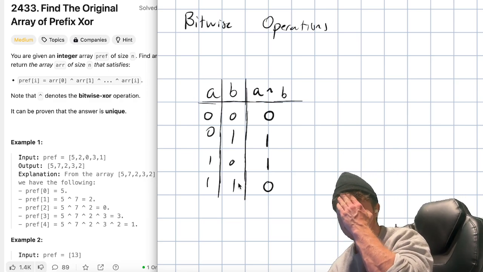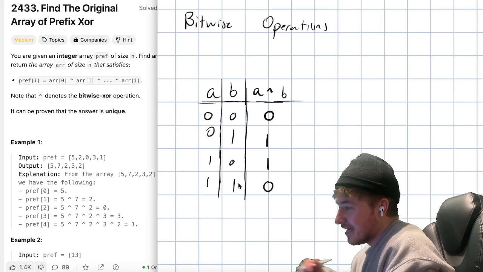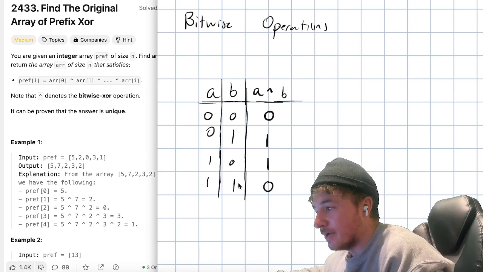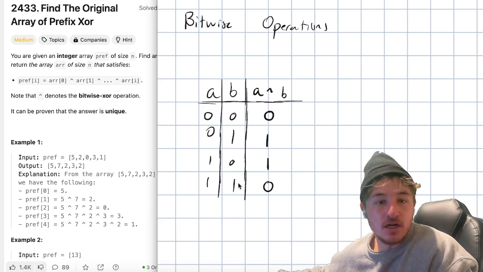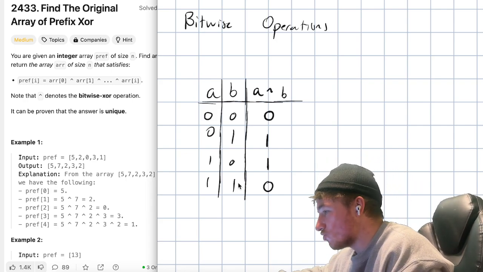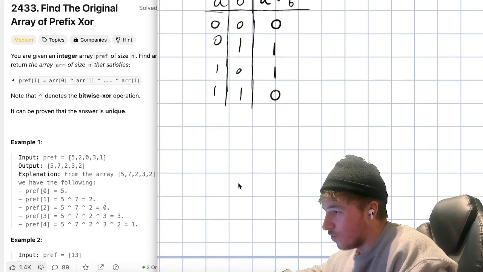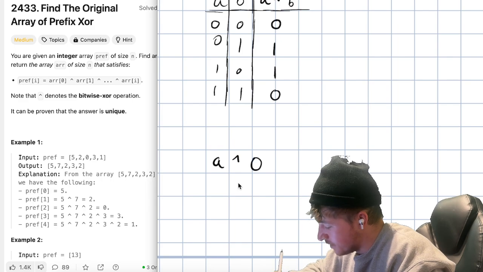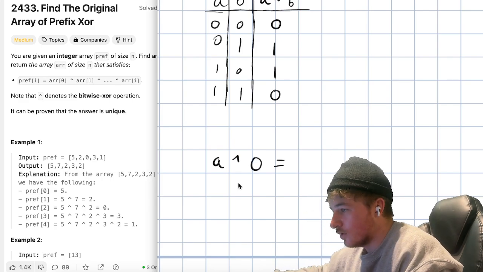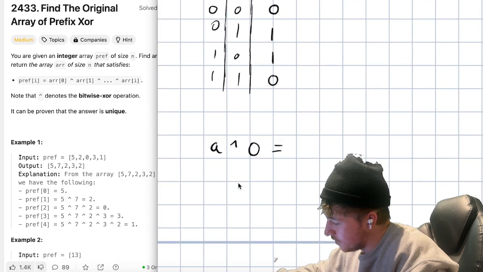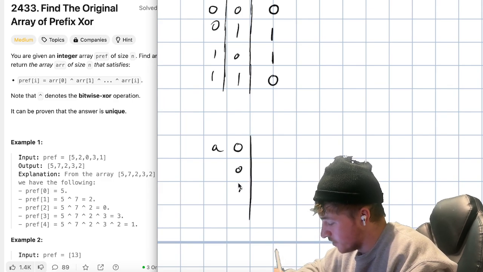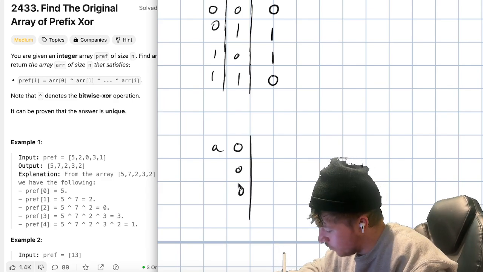Now, operations to think about that we're going to use in this problem related to XORs are some of the simple operations you can do and what they are equal to. Okay, so what happens when you XOR something like A with 0? What does that give you? Well, let's look at this table again. So if we had A XOR 0, what would that look like? So we had A and we had 0. All the options for 0 are 0, 0. All the options for A are A, 0.